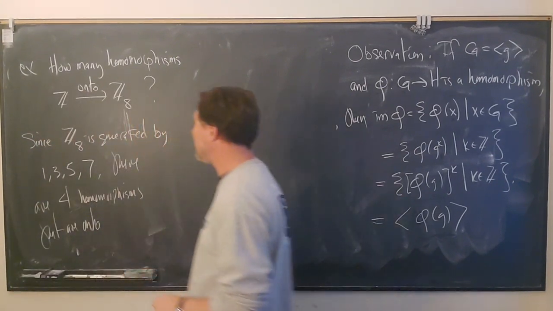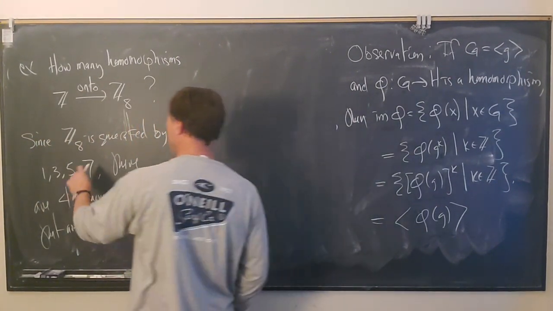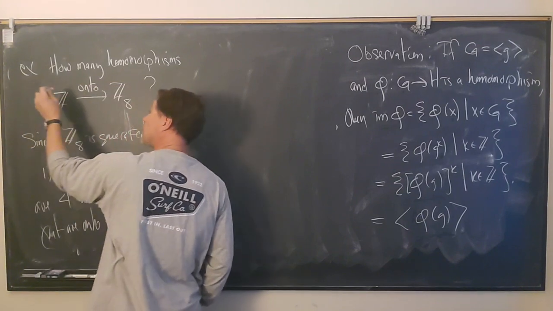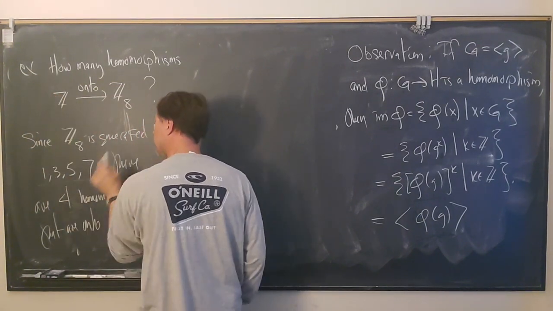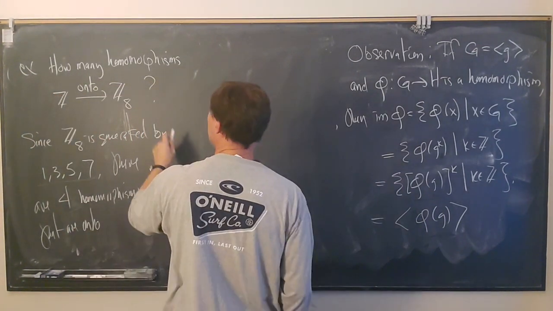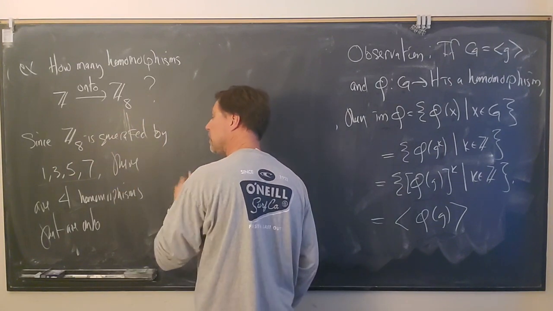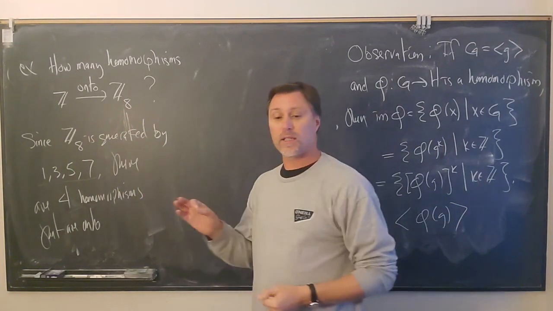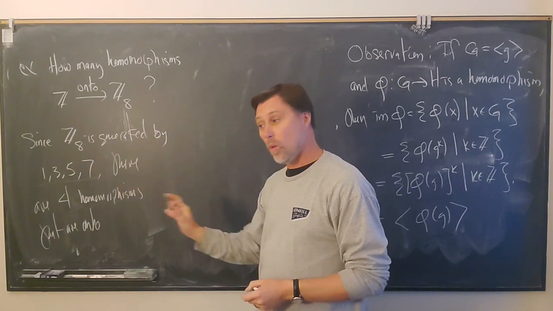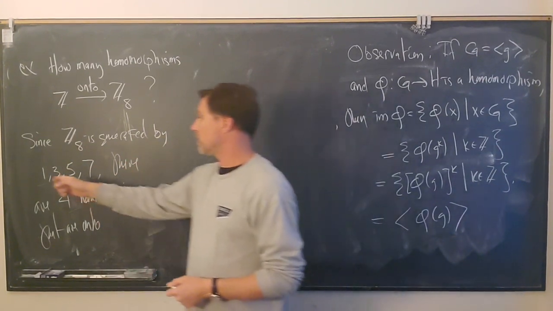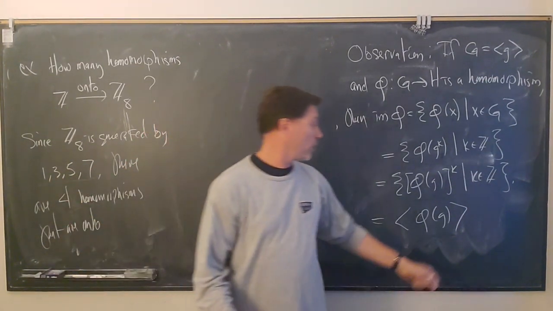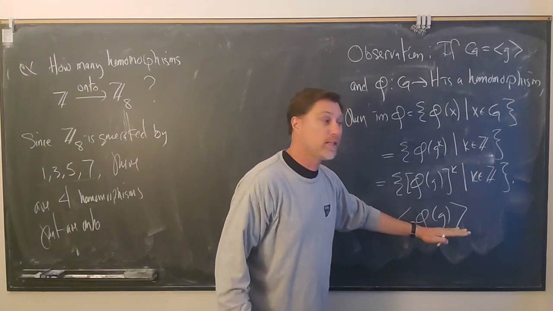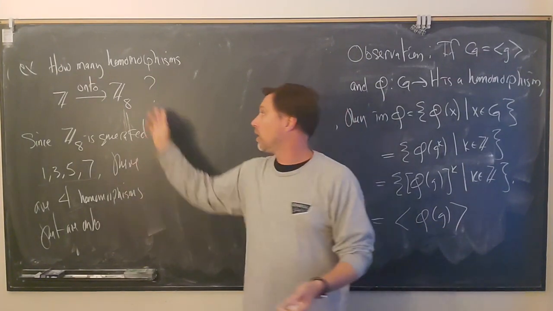So why is that? If we send our generator here to a generator of Z8, then we know that the image of our homomorphism will be equal to the cyclic subgroup generated by the image of 1. And as long as we send it to a generator, then our output generates the entire codomain Z8.